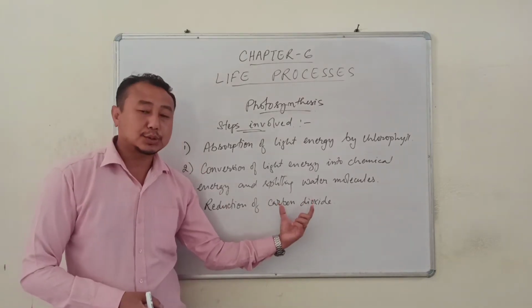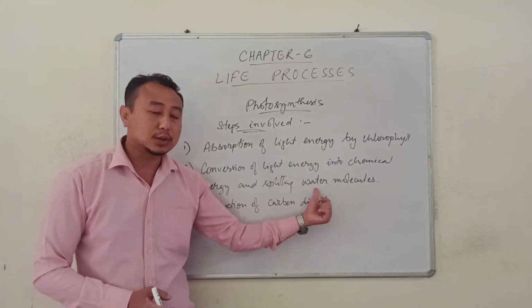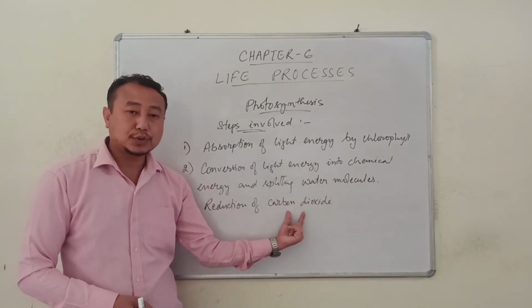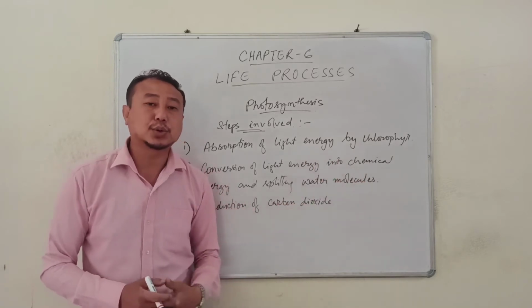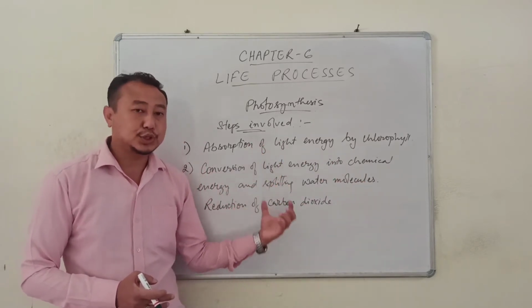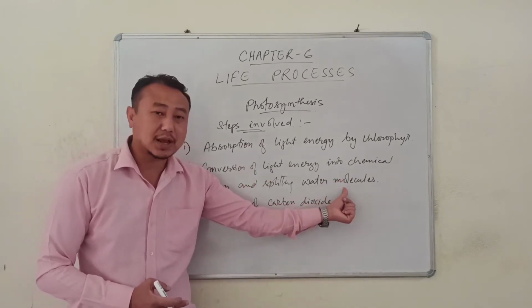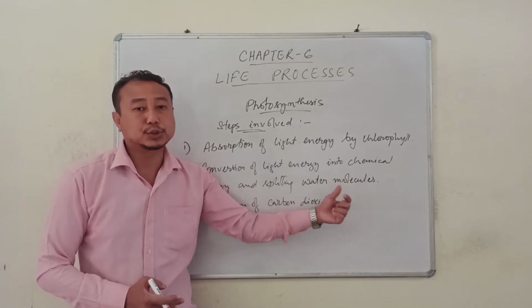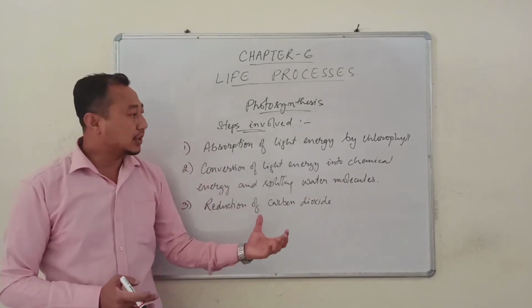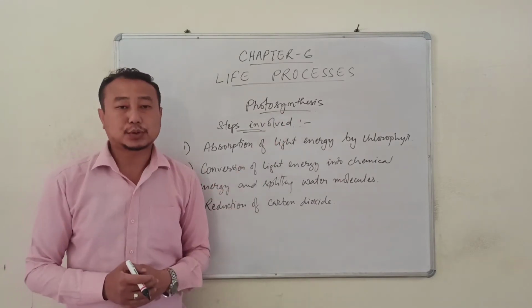Here, the hydrogen that is obtained after the splitting of the water molecule will be added to the carbon dioxide and it will get converted into carbohydrate. So during this process of photosynthesis, there is the formation of carbohydrate and the oxygen which is left over after the breaking down of the water molecule. So these are the general steps that are involved during the process of photosynthesis.